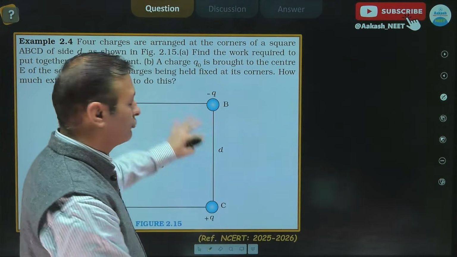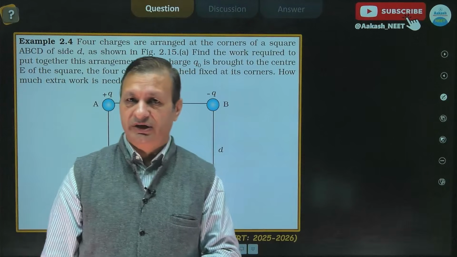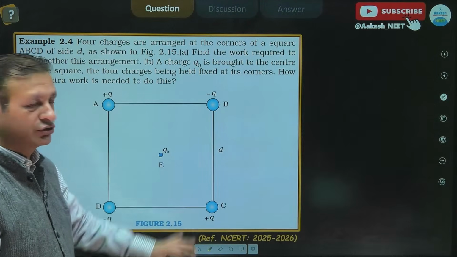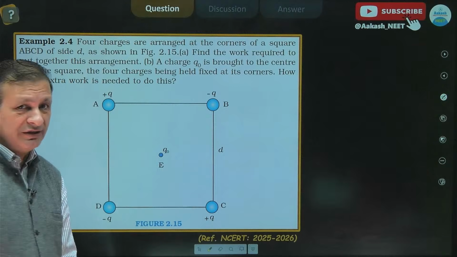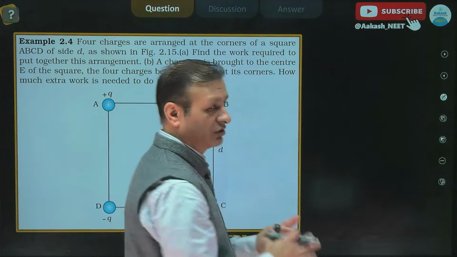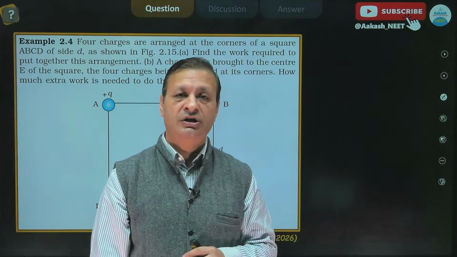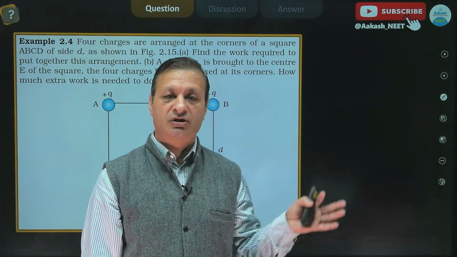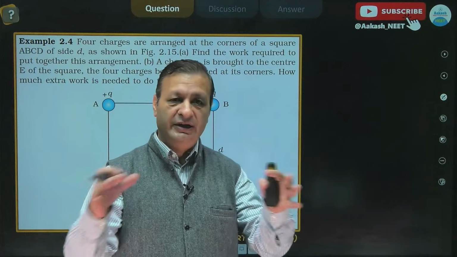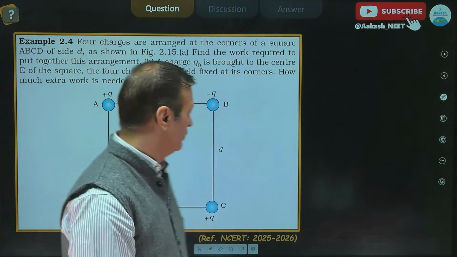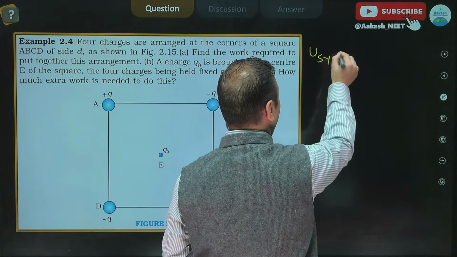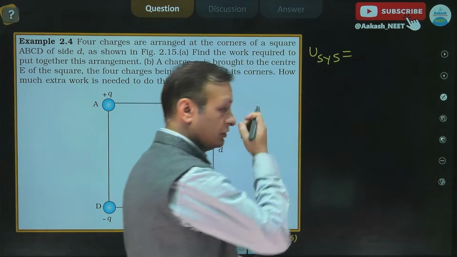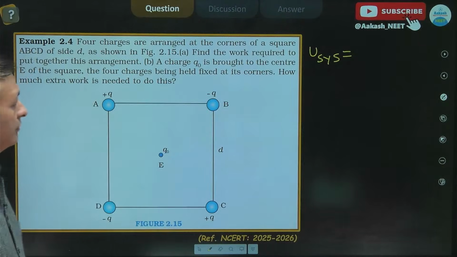How we have obtained this configuration is not important, but what is the final configuration? This is the definition. If you just find the potential energy of the system, because once the configuration is well established you have a potential energy, and the concept of potential energy says it is the work done in making that configuration. So what is the potential energy of this system? You got it? So that would be the answer for this work done.